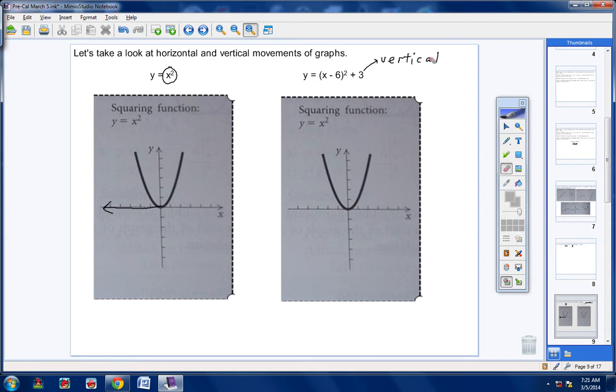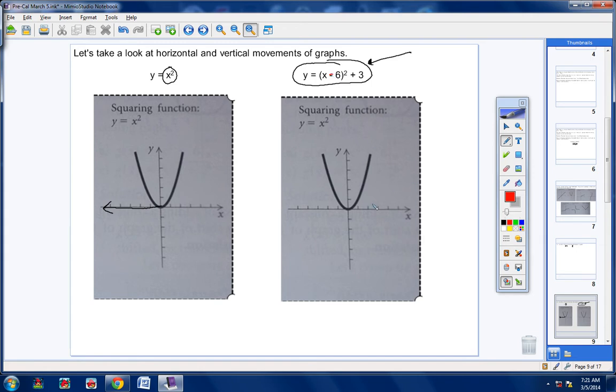So what I want you to do in your notes is start off with this model graph here. Here it is. And now I want us to shift that graph and get the new graph, which is right here. So we're going to graph this function without doing any work. We're just going to pick up the model graph and move it. Well, we know we have a negative 6 right here.